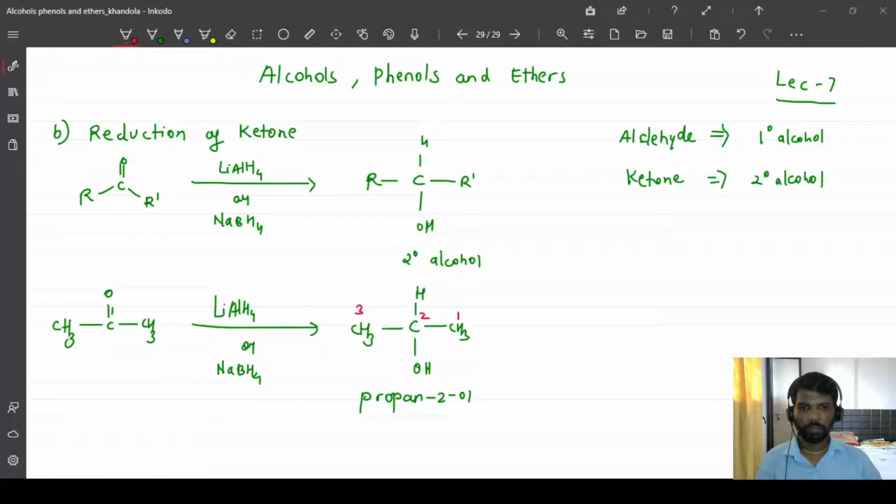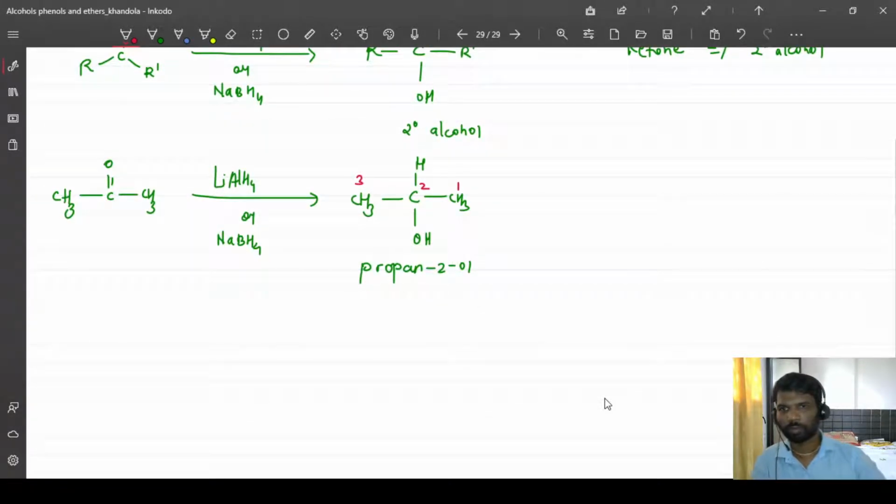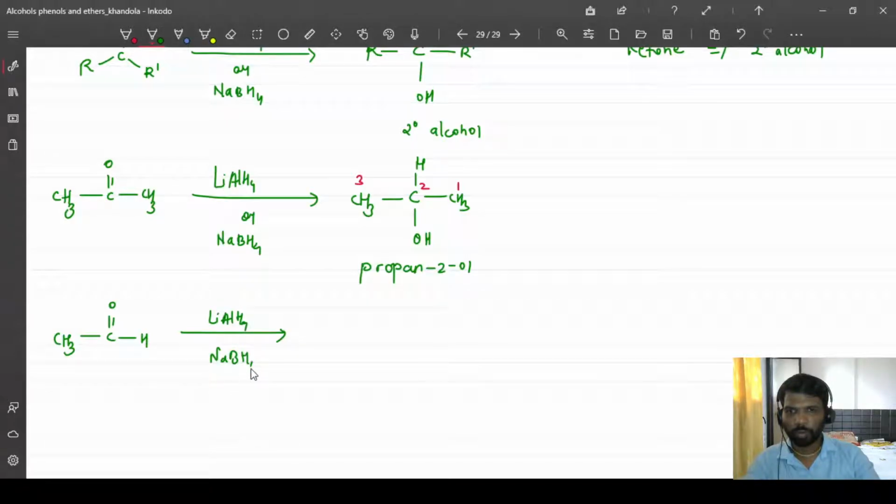One more example we can solve over here. I did not solve any example regarding an aldehyde. Although this is a topic on ketone, I'll take one example of an aldehyde. What alcohol will we get? This is the aldehyde I am taking, and I am doing a reduction. Same reducing agent, lithium aluminum hydride or sodium borohydride.